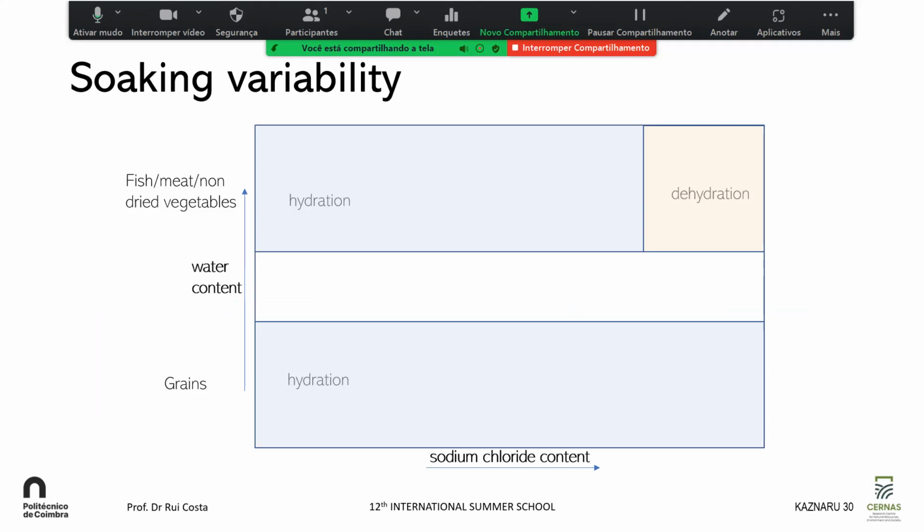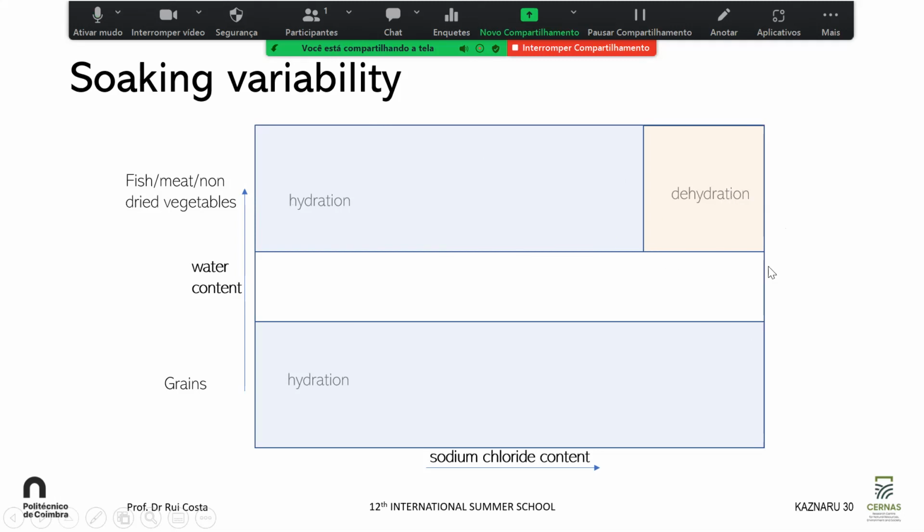So here I just made a plot to observe that if we hydrate grains, whatever the sodium chloride content, we will have hydration as a result. But if you hydrate fish, meat, or non-dried vegetables, we have hydration, but for a large content of sodium chloride in the solution, we can also have dehydration.